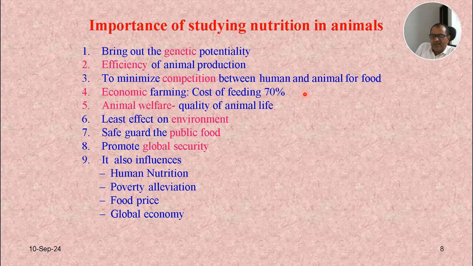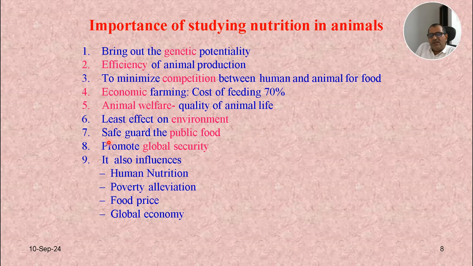Hence, we should minimize such effects on the environment. For example, the manure and also the urine are contributing to environmental pollution, and at the same time the methane gas, which is produced enormously from the ruminants.